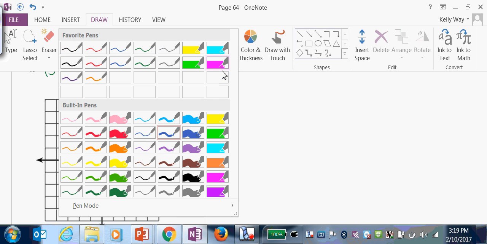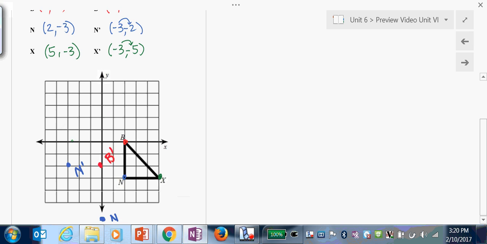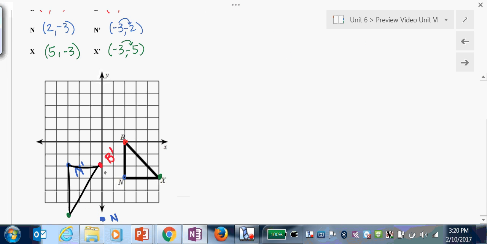And then here our last one is -3 and -5. You connect. And once again, from the center, you can check, and you can see that B is an exact 90-degree angle, and it is clockwise, folks.